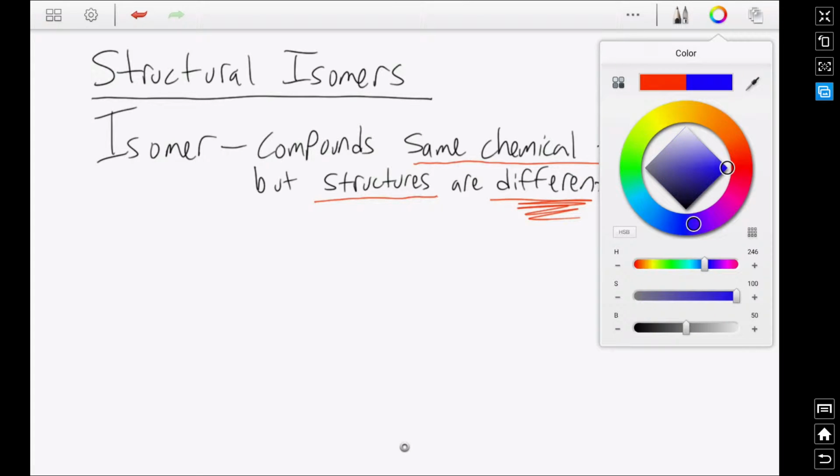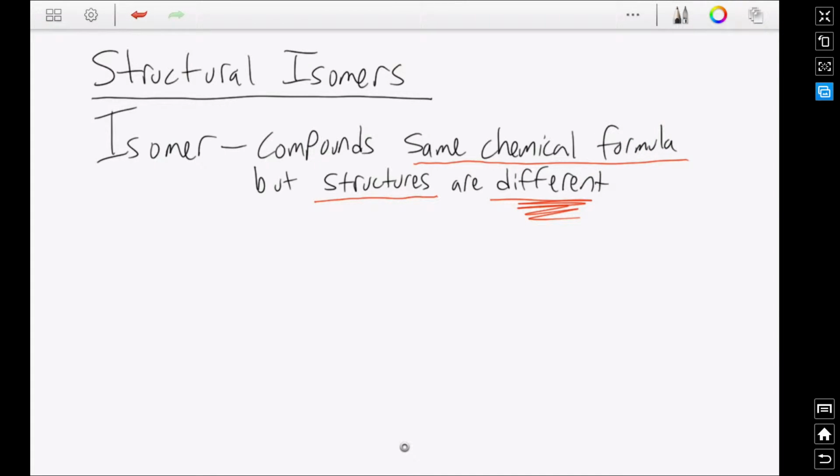So let's start by going through an example. Here's a compound, C, and I'll put the H's in explicitly. This particular compound is a hydrocarbon. It's 4 carbons in length, so this is a butane.